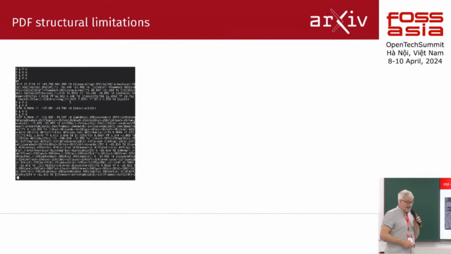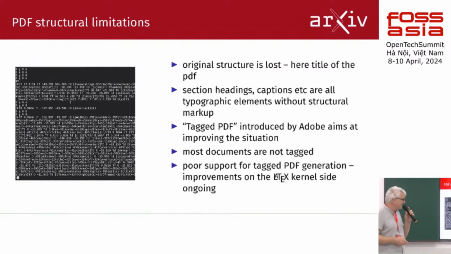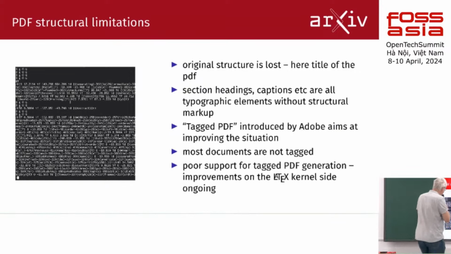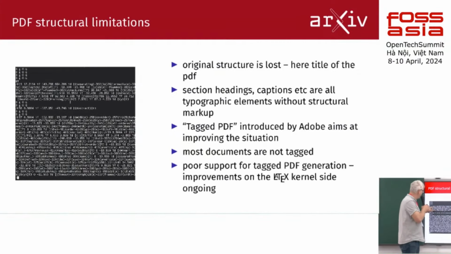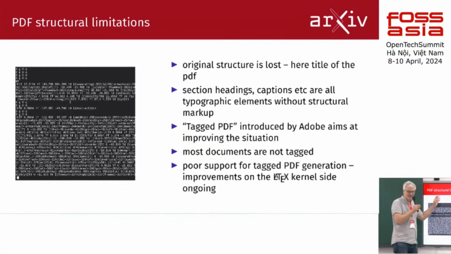Then other PDF limitations. Now, I don't expect you to understand what is written there. So this is the actual content of a PDF file. It's actually a paper that I published myself. You see, the structure is completely lost. So what is here written, this part, is the title and the authors. So, separating intermediate logics of whatever, something I wrote.